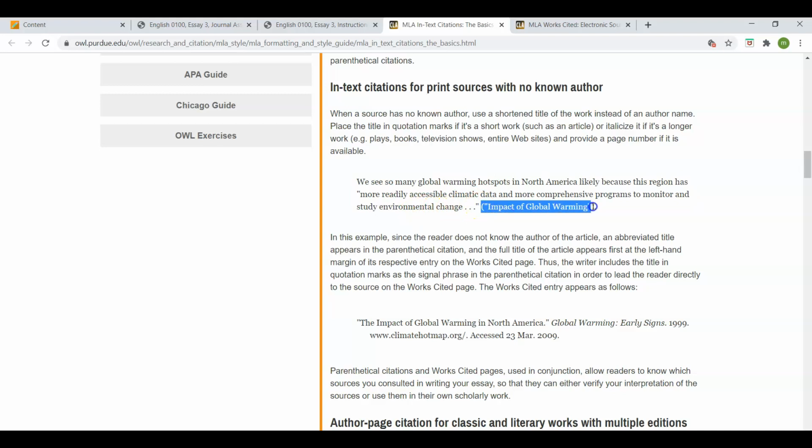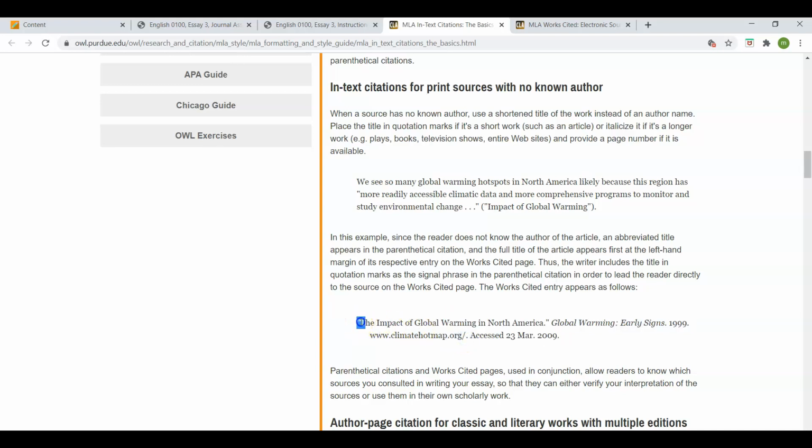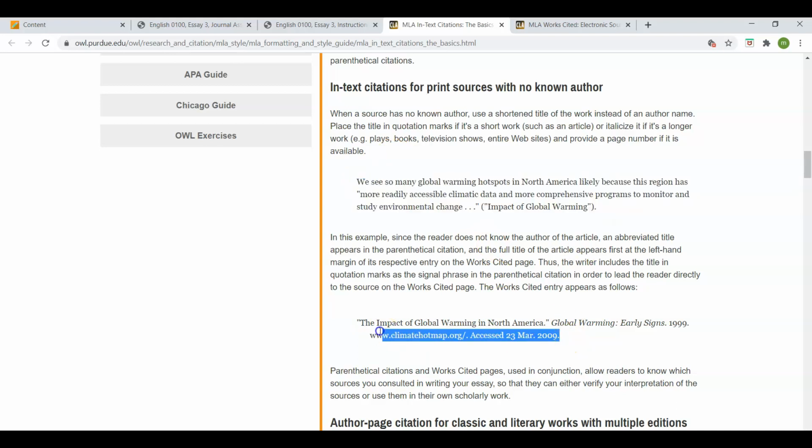Notice that at the end, there's a parenthesis that says impact of global warming. Well, that right there is the title of an article. Imagine that that student has a works cited that has this. Notice the impact of global warming. So this would be a sentence that would be in the paragraph. This would be the works cited entry in the works cited page.